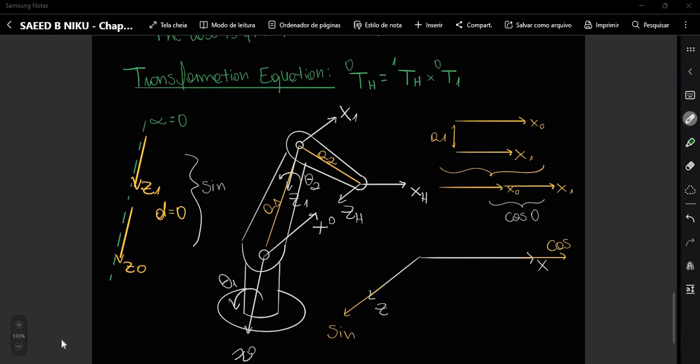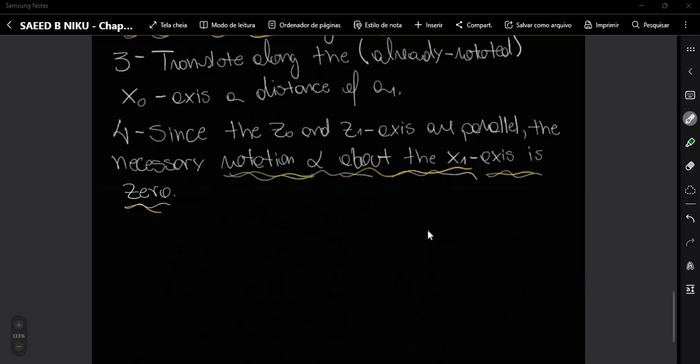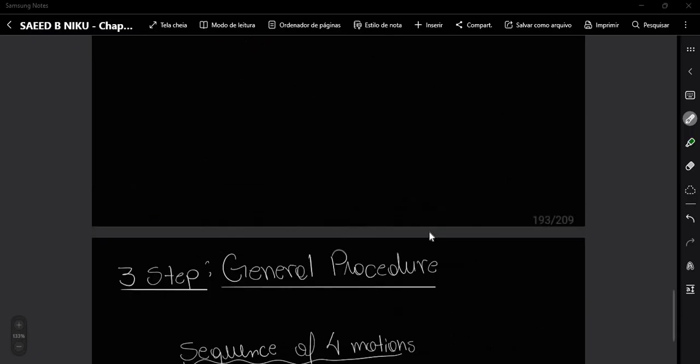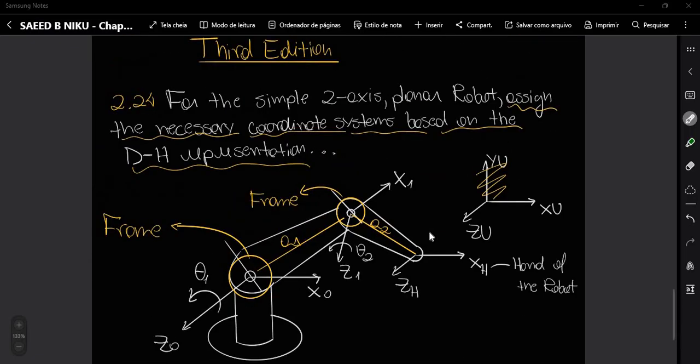Hi, and welcome back. So let's continue on this third part, solving this example 2.24, which is about a simple two-axis planar robot.